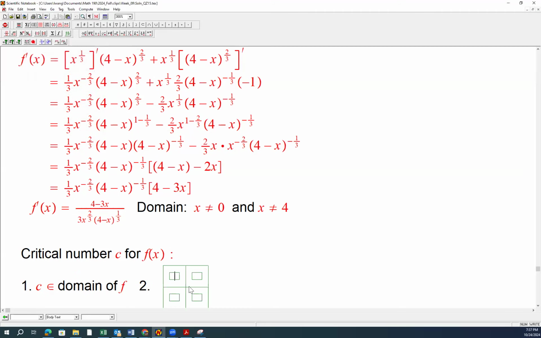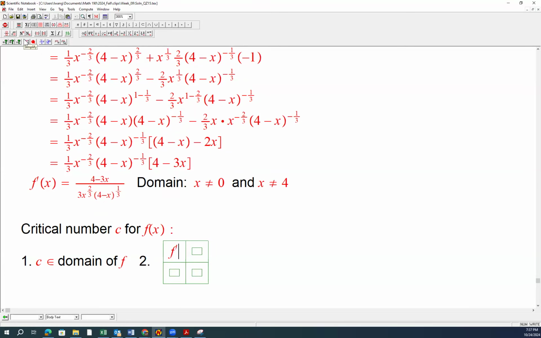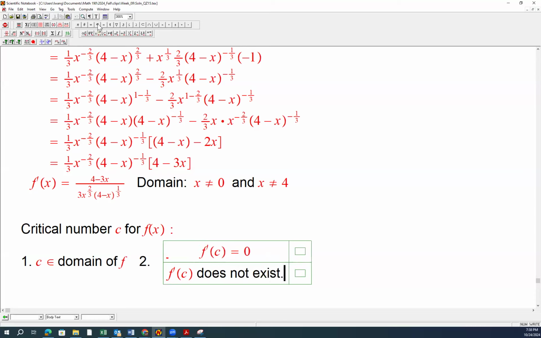One case is that the first order derivative of the function at c is 0, or f prime of c does not exist. So there's one category.